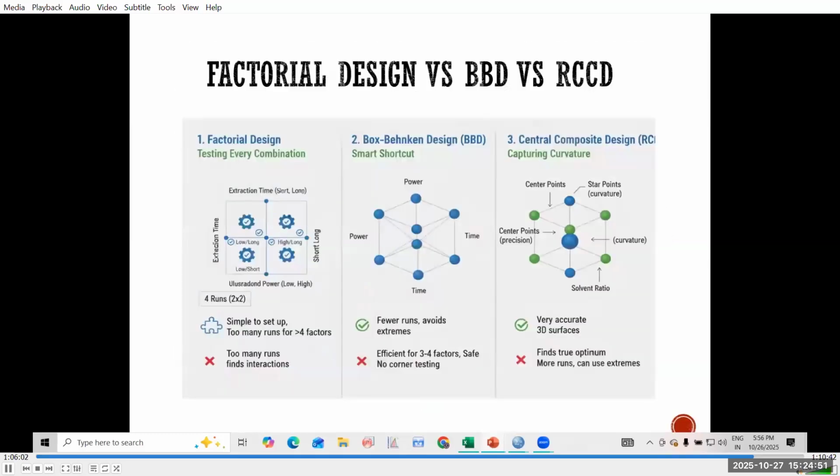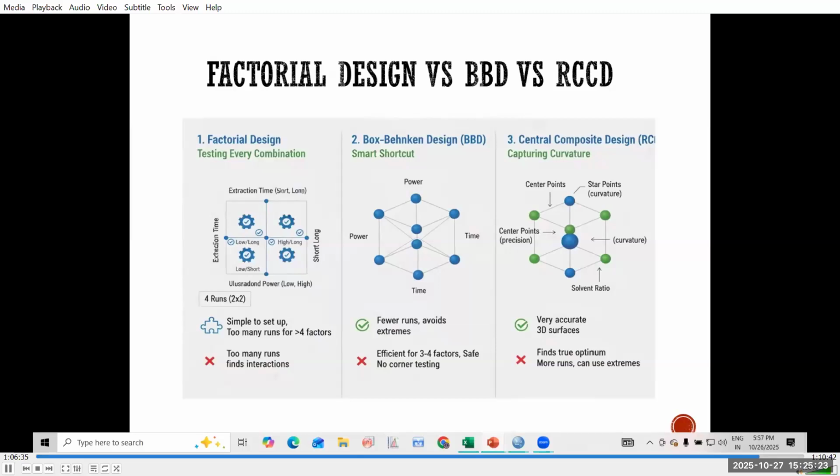Let's come to the comparison between three basic designs commonly used in the food processing sector. The factorial design tests every possible combination of your factors to see how they individually and jointly affect the results. Let's say we want to study the effect of ultrasound amplitude and extraction time.